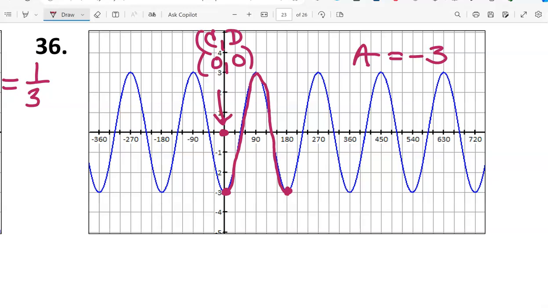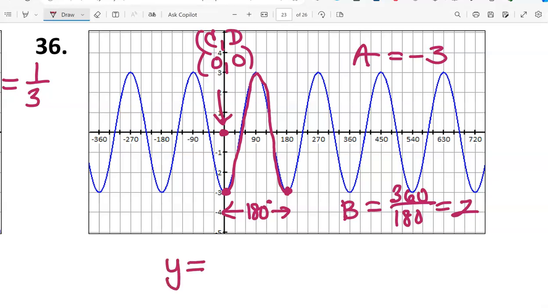We have one thing left to find, and that is the value of B, which is found from the period of the function. The period is 180, so B is 360 degrees divided by the period, which will be equal to 2. So this graph could have an equation y is equal to -3 times the cosine of 2x.